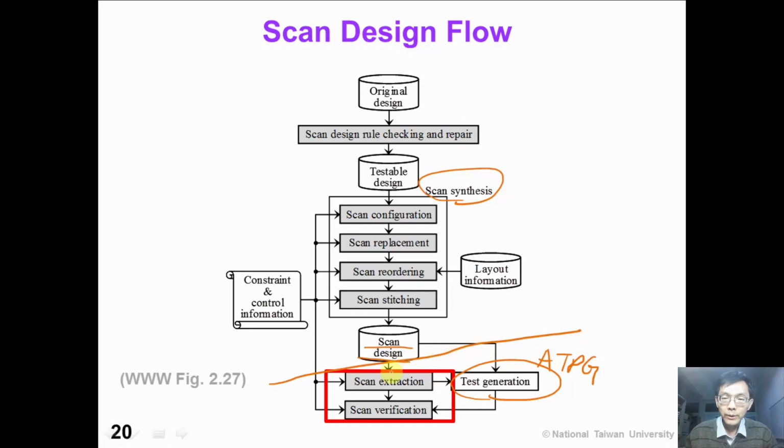So, to perform a correct test pattern generation, we would need to extract the scan information from the scan design for test generation. And then after that, we need to make sure that our test pattern works correctly. So we still need scan verification.